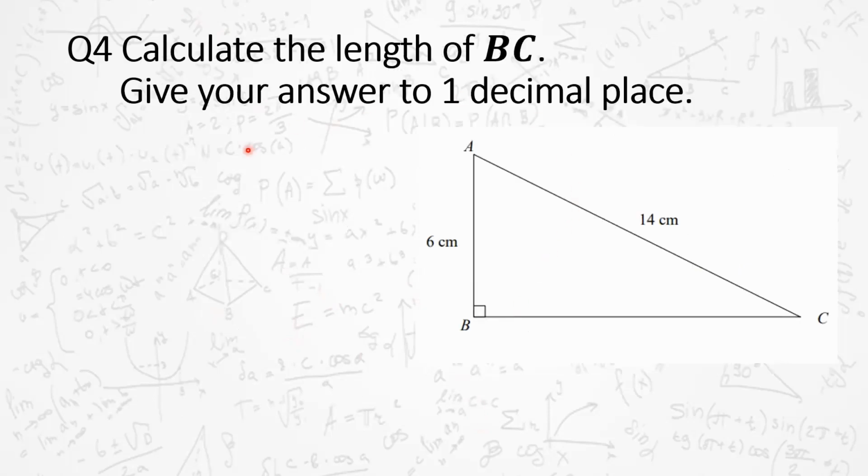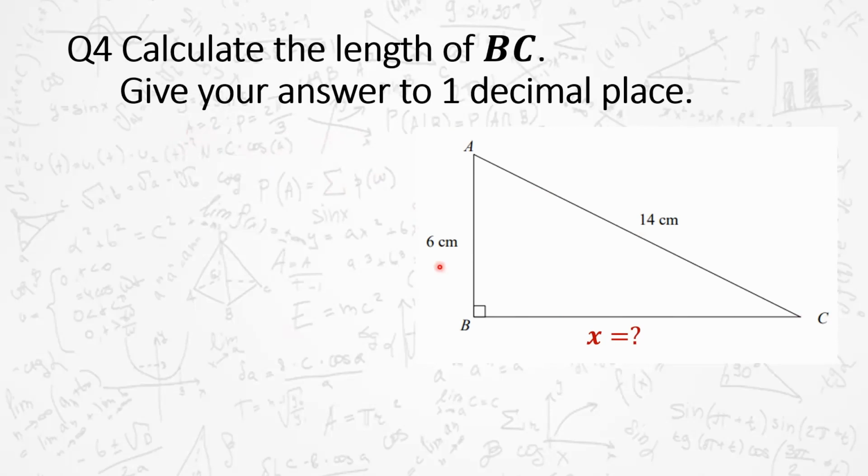Question 4. We have calculate the length of BC and give your answer to 1 decimal place. So the length of BC is here, so I need to locate what we're asked to do. So I labeled it as x, I need to work out, and then look at the diagram and then assess.